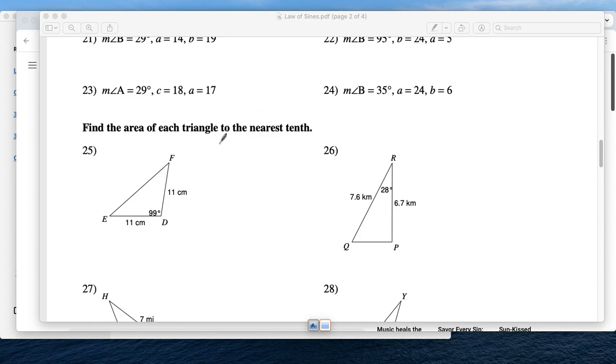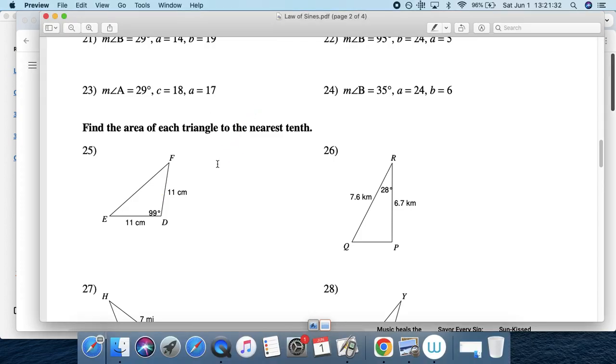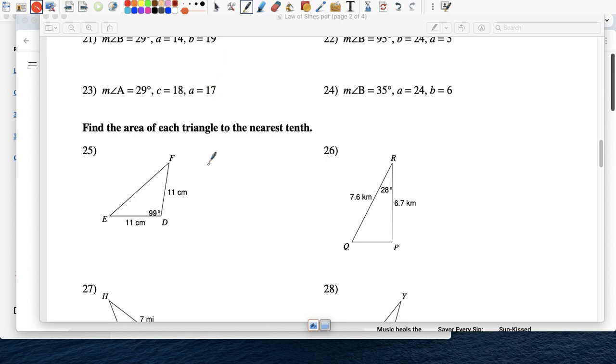Right, so all you have to do, in this case, the area of this triangle, given this particular information, is going to be half times these two sides, 11 times 11, and sine of the angle that's given to you. Sine of, in this case, 99. It's that easy.